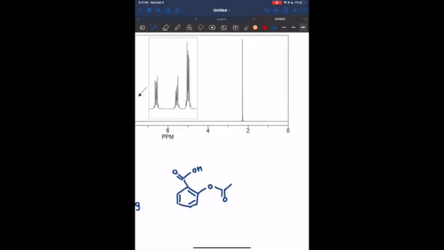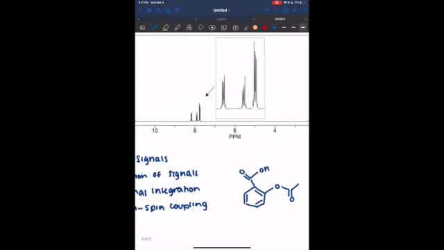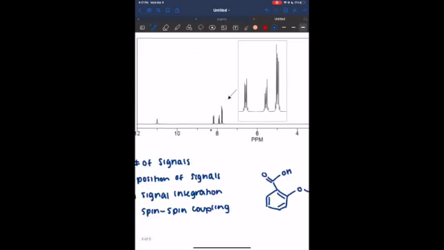First, I'm going to determine how many signals there are in the NMR, which will give me a good indication of how many unique hydrogens there are going to be. So this is 1 signal, which is located around 2.2, 2.1. Next, we're going to have 3 separate signals all around 8, which I'm going to say this one's 7.8, this next one's going to be 7.9, and then this next one is going to be around 8.2.